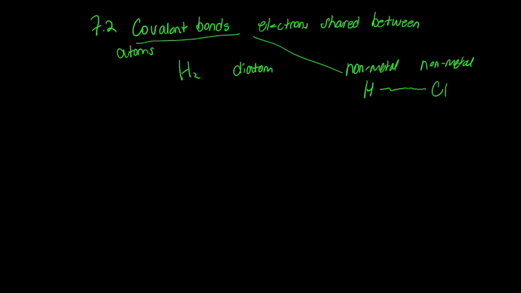Now, this bond that's shared between two different atoms can be perfectly covalent if the atoms are identical, okay? So if you have identical atoms that share electrons, we say that it is 100% covalent.